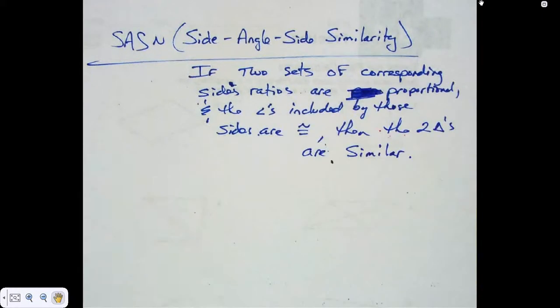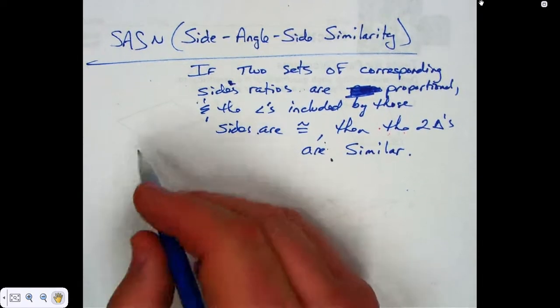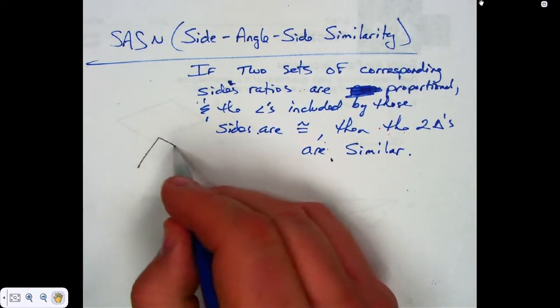If two sets of corresponding sides ratios are proportional and the angles included by those sides are congruent, then the two triangles are similar. This one is much easier visualized than it is written down.